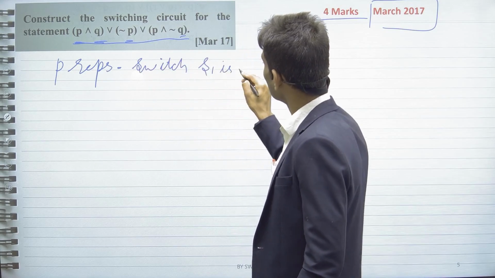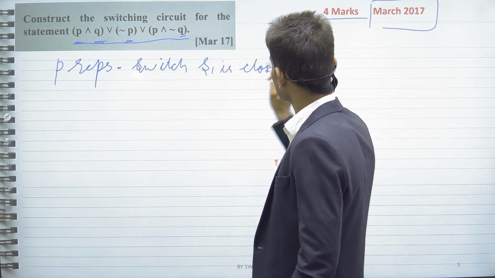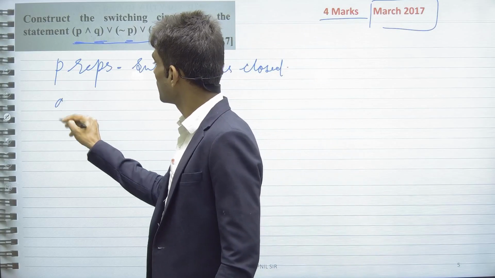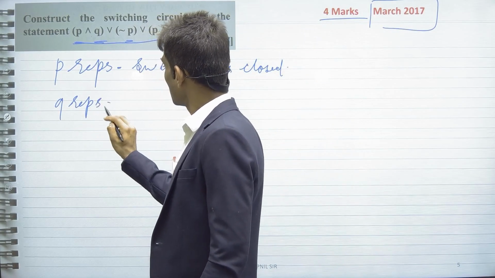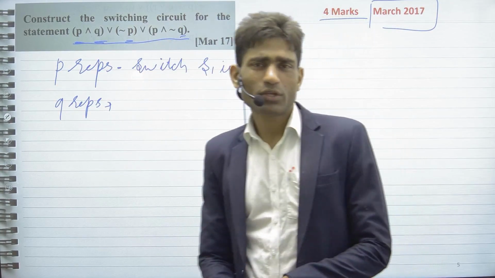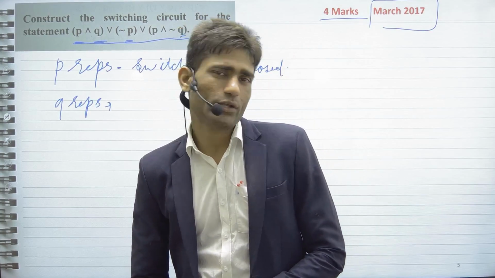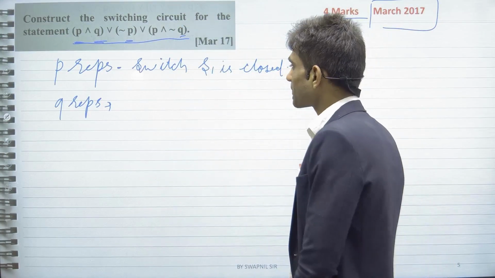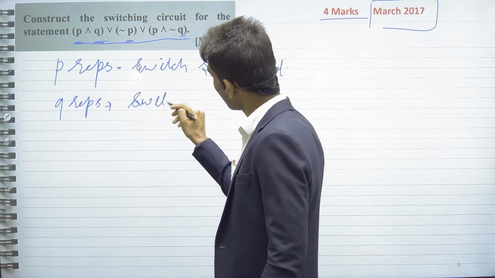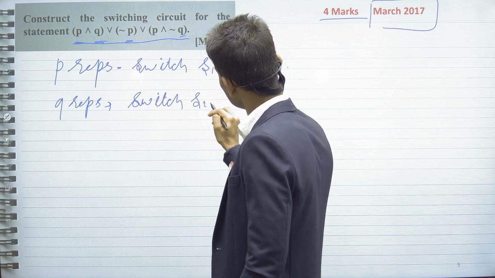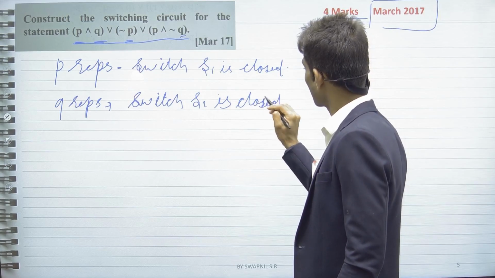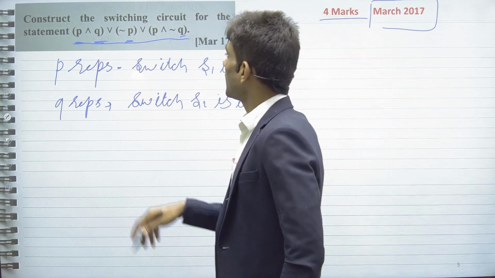Similarly for statement Q, we have only two statements P and Q; negation P and negation Q are given, but they are part of P and Q, so we don't have to write them separately. Statement Q represents that switch S2 is closed.